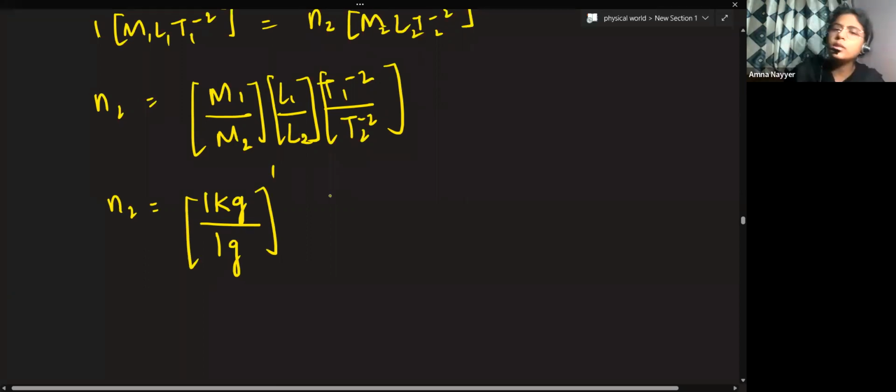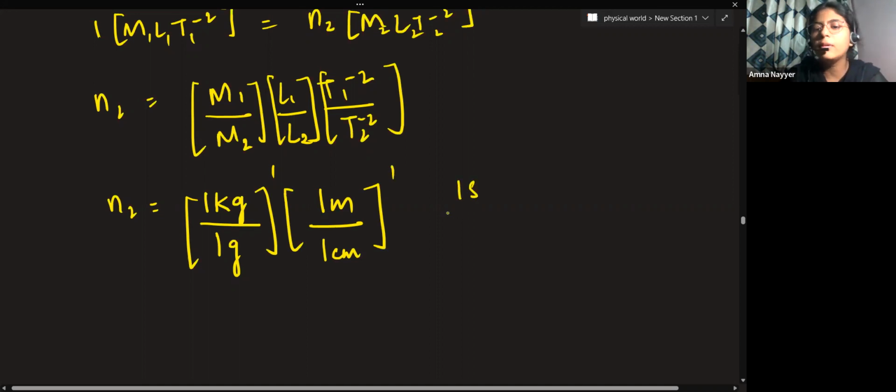Length, for the Newton side, L1. SI unit of length is what? It is meter, so it will be 1 meter, divided by, what is the CGS unit of length? CGS unit of length is 1 centimeter to the power 1. And it will be 1 second in SI and 1 second in CGS to the power minus 2.